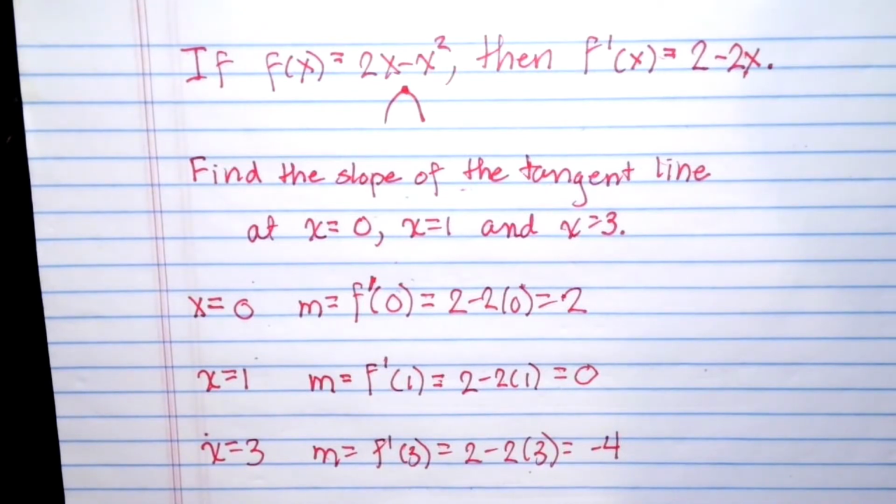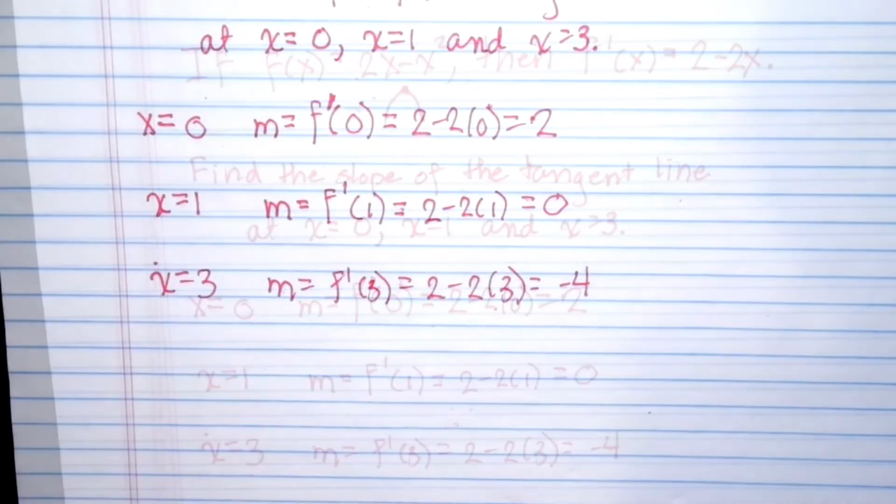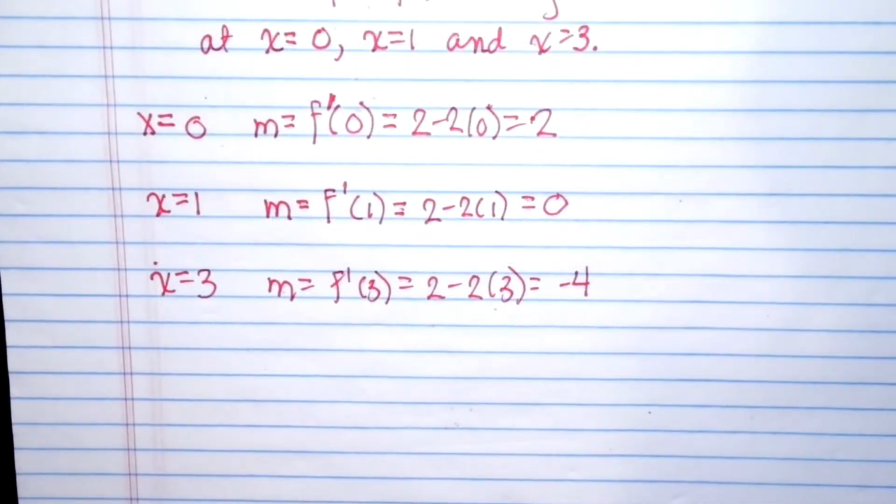All right, so I want us to look at the graph of our function and how these tangent lines fit in with it. So what we should be getting is at the point on the graph where x equals 0, we should be getting a line of slope 2.